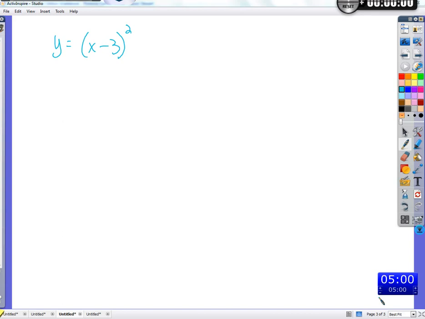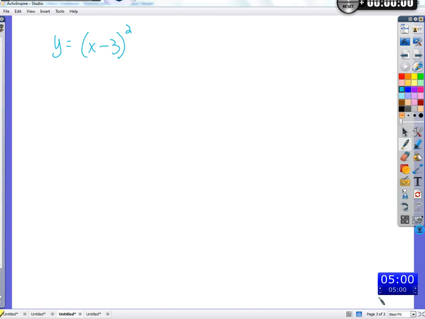So if you can view this as, oh, I see, this parent function, this basic function x squared, when I take the outputs and multiply them by 3, I get that. That makes the outputs 3 times bigger and therefore makes the graph 3 times as steep. If I add 1 to every output by putting plus 1 after x squared, I see why that would translate to the graph moving up 1.